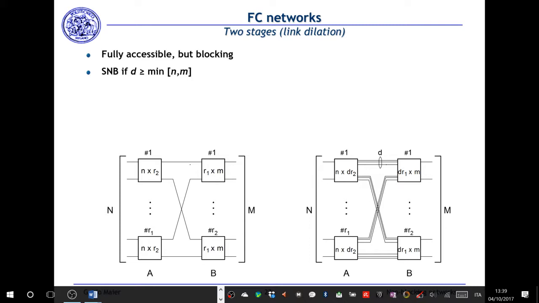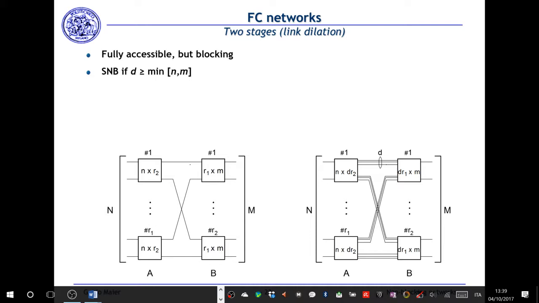If you replace that expression inside the expression of C, you obtain that the cost is 2 by n squared, okay, which is exactly the same as the crossbar switch.